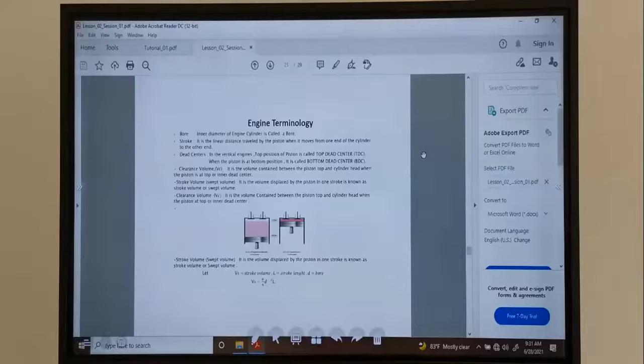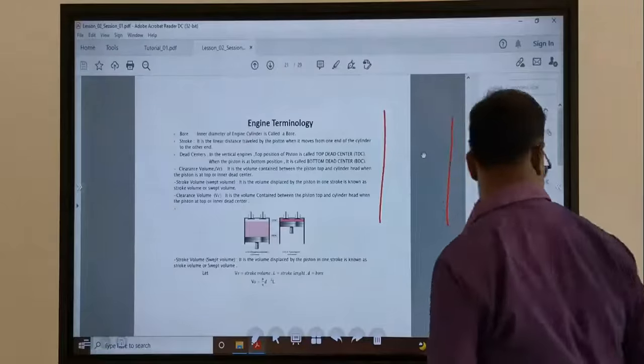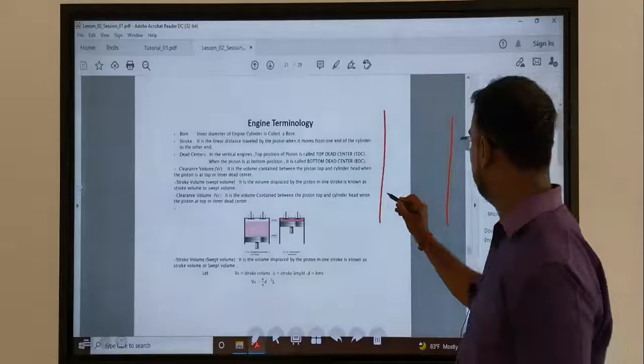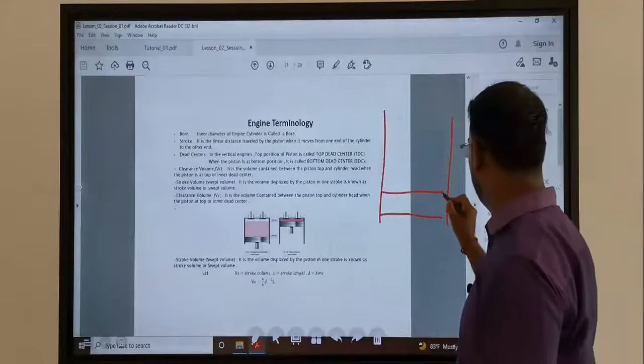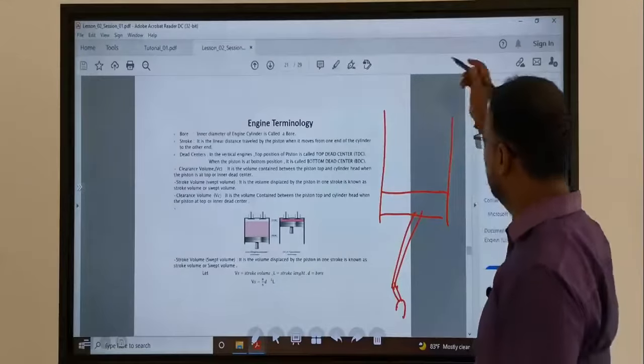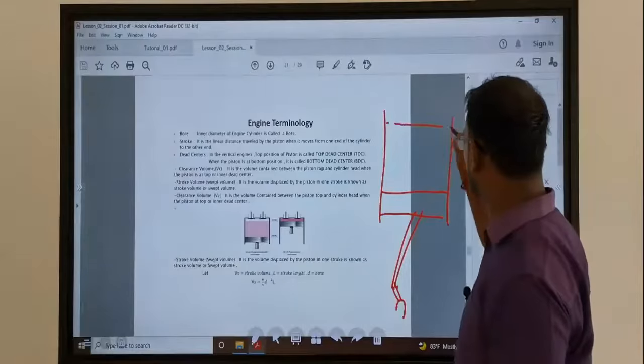Here, first, this is the piston. Here it is connected with the crank or something, and the piston moves like this.